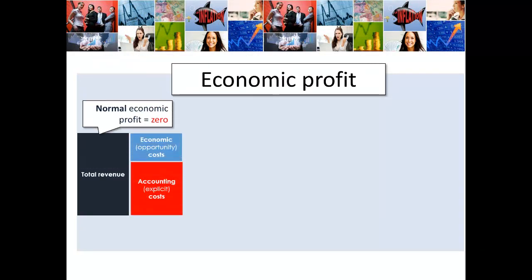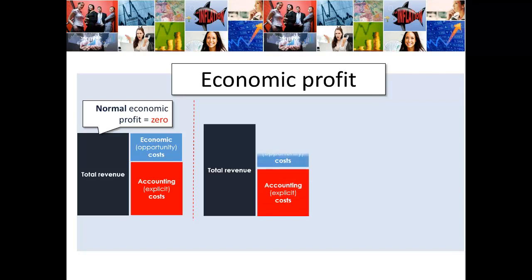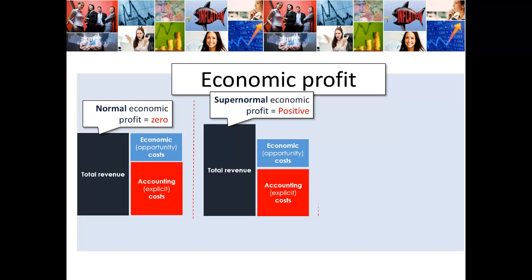So if a firm's total revenues equal its accounting costs plus its economic opportunity cost, then the firm has a normal economic profit, an economic profit of zero. If total revenues are greater than economic and accounting costs combined, then we're talking about supernormal economic profit. And that's positive economic profit.